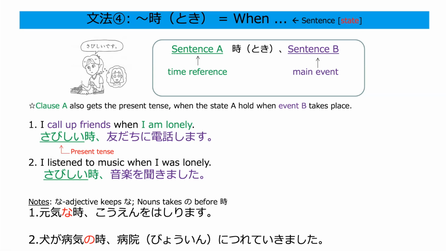However, 病気 in Japanese is a noun. It's an illness or sickness. So in this case, 時 is a noun and 病気 is a noun. So not 病気な時 but you need 病気の時、病院に連れて行きました。When my dog was sick, I took my dog to the hospital, in this case a veterinarian, contextually. Again, 病気 in Japanese is a noun. So you need a の here.